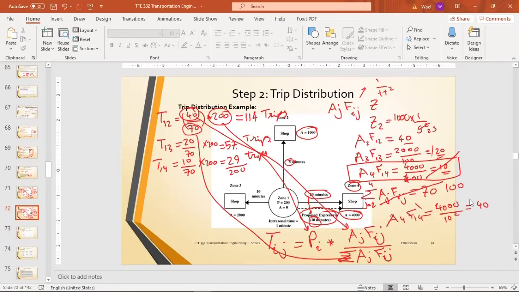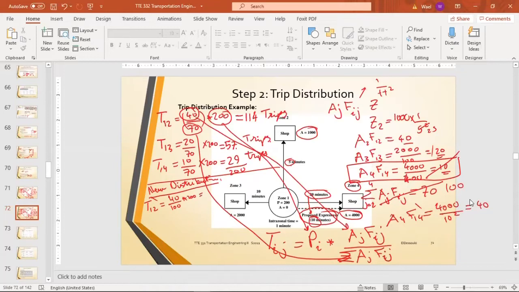Okay, so let's do the new distribution. T12 dash equals 40 divided by 100 multiplied by 100.